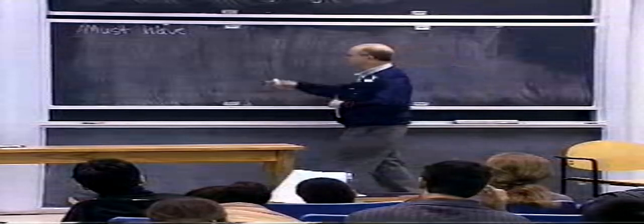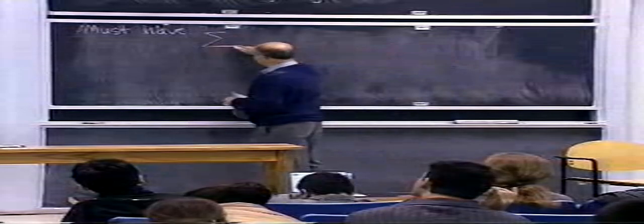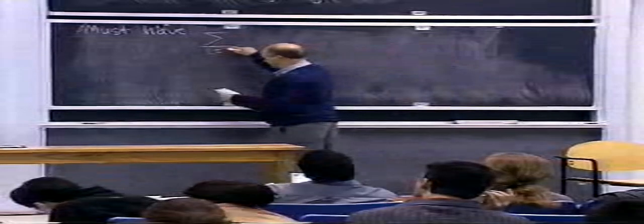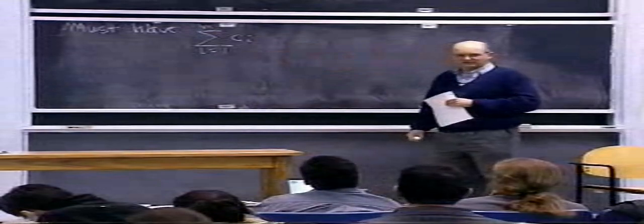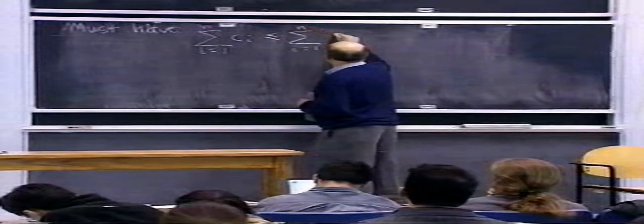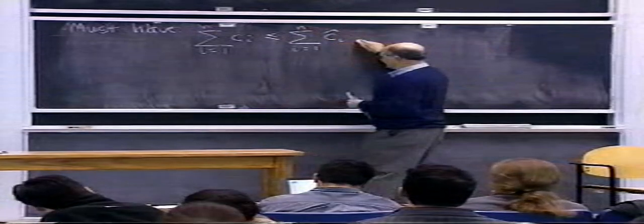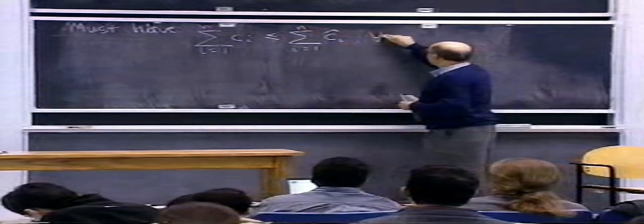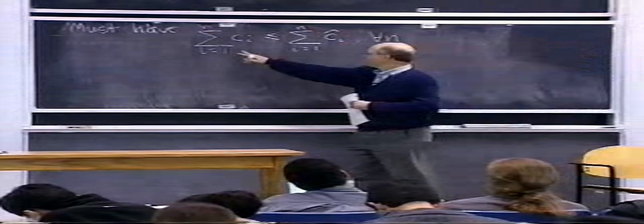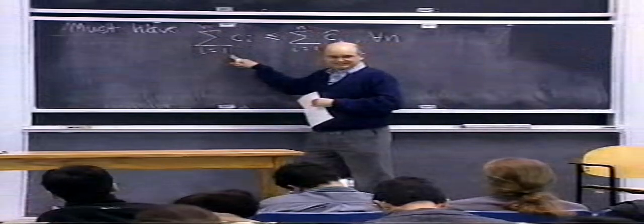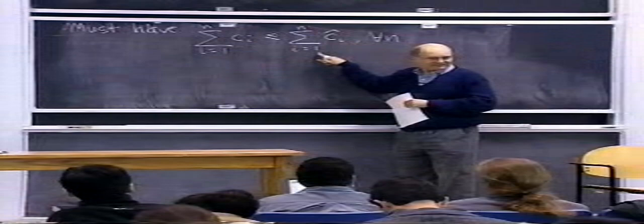If I take a look at the total costs that I've incurred, how does that relate to the amortized cost? It should be less than or equal to the sum of the amortized costs, and this should be true for all n. Whatever I've expended for real, I've always paid enough up to that point to pay for it.